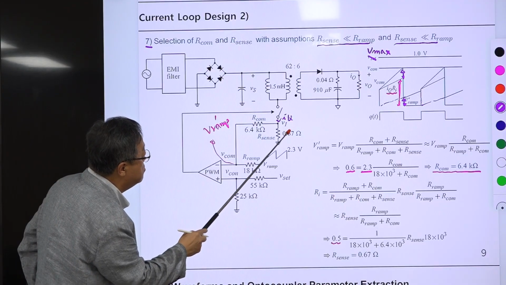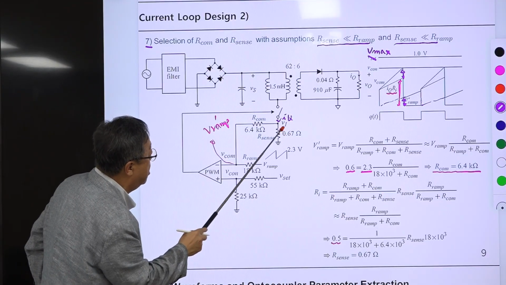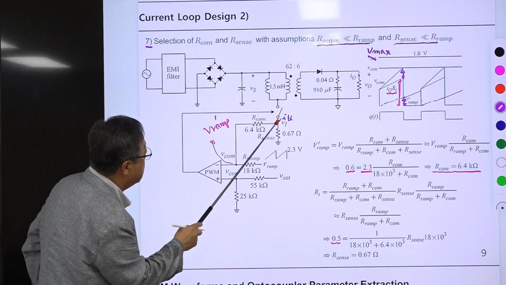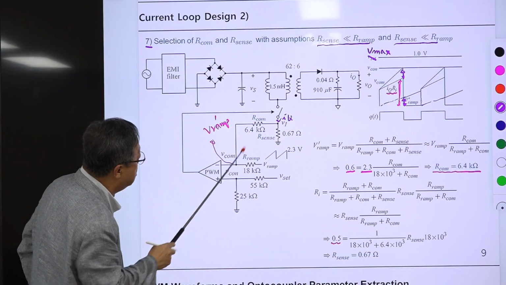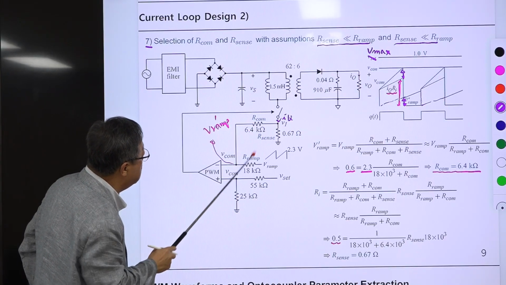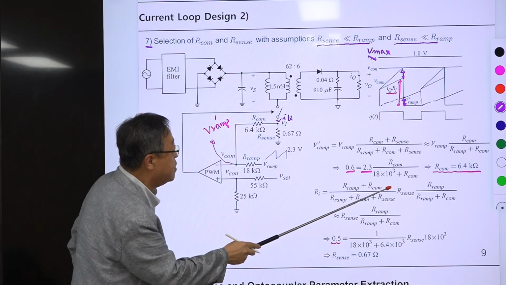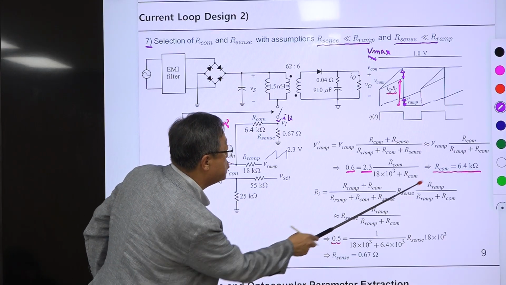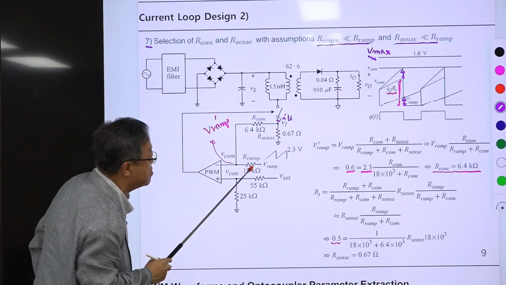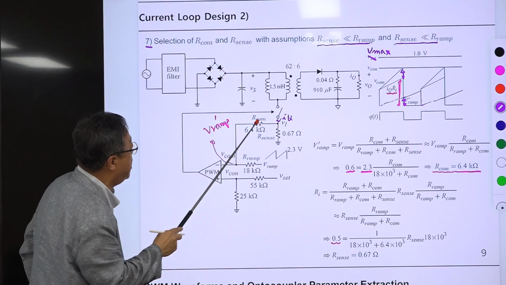And that current is multiplied by this Rsense, so this becomes voltage. Then this voltage is divided by these 3 resistances, 1, 2, 3. This and this, okay? So this voltage is divided by this and this.